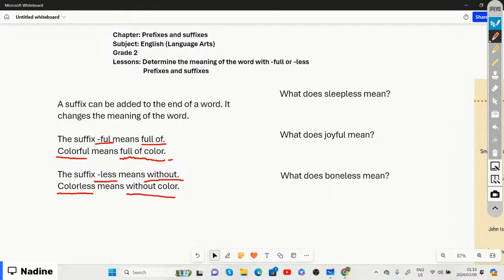So it seems as if the suffix full and the suffix less are opposite to one another, because full means full of something and less means without that specific thing.